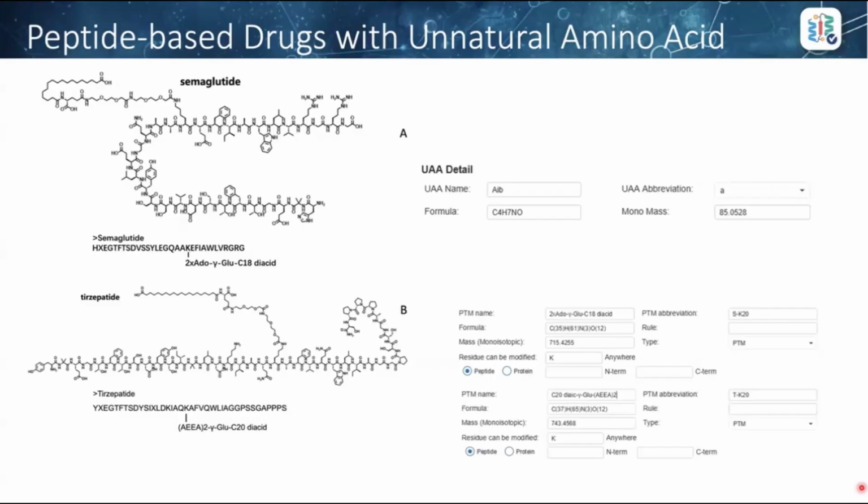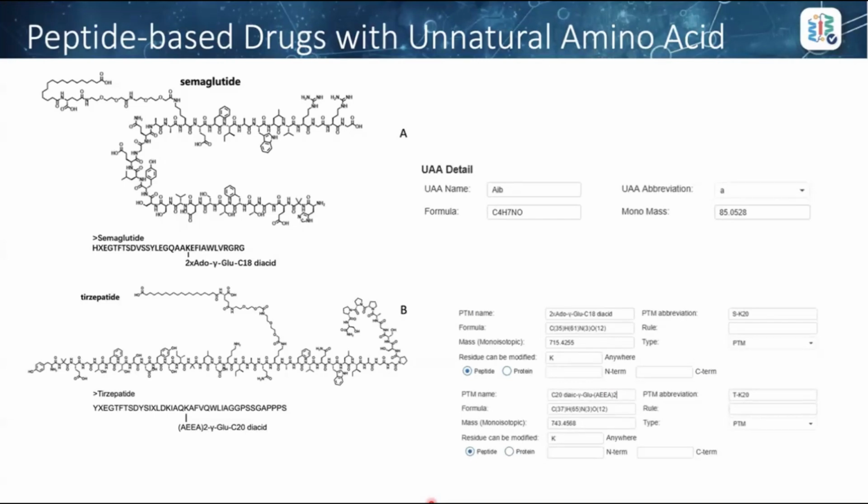Those tailored modifications prolong in vivo half-lives and optimize therapeutic efficiency. In those molecules, the alanine at position 2 in semaglutide, and positions 2 and 13 in tirzepatide, were replaced by 2-aminoisobutyric acid.